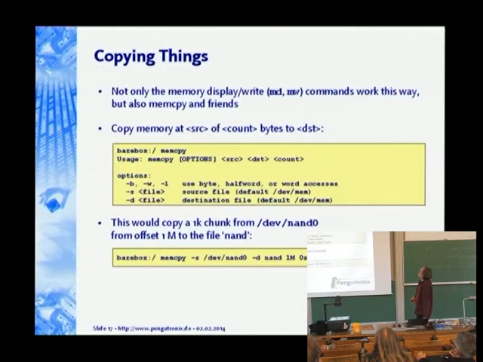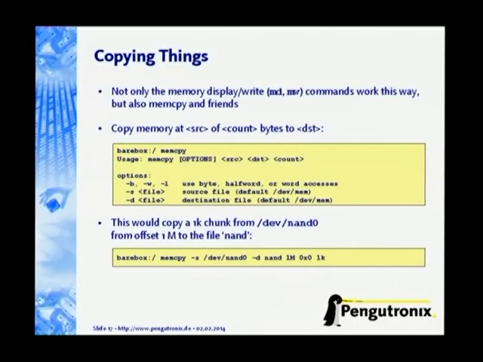One of the most interesting concepts is that if you have a file system, you can just start copying things around. You don't need any special commands for that anymore. Remember fetching the kernel from somewhere and putting it somewhere else at some other address. When I worked on U-Boot, I just got confused by all these hex addresses where you had to copy the kernel to and all these things.